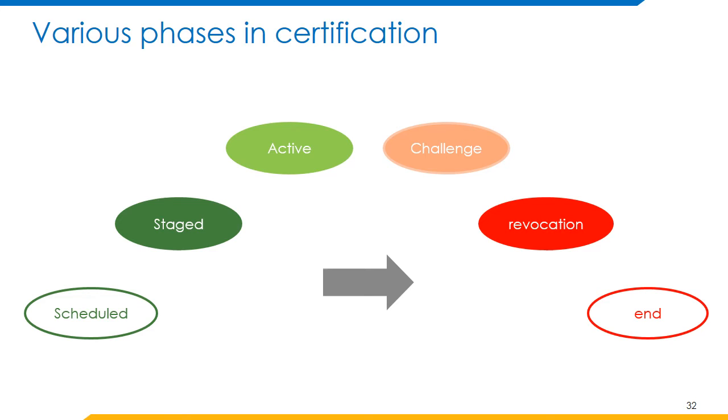Not all these phases are mandatory. For example, staged, challenge, revocation phases are completely optional in nature. It's up to us to have them or not to have them in our certifications. It's completely based on organizational requirements.